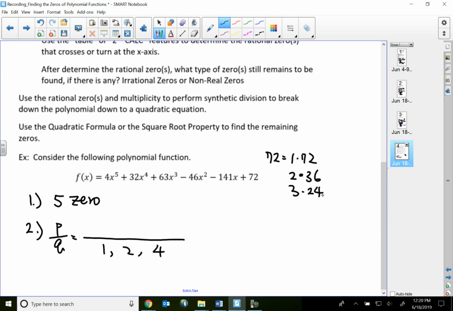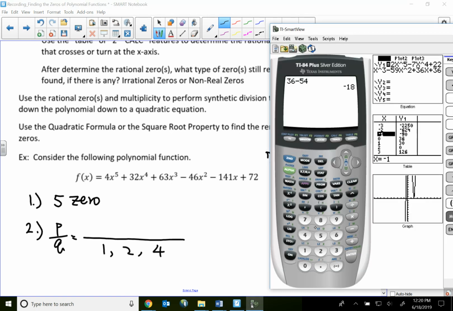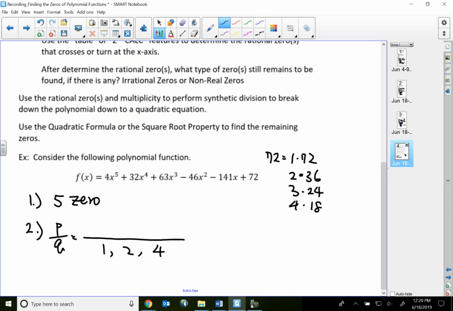All right, 3 times 4. 4 times 18. 72 divided by 4 is 18, yeah. 6 times 12. 8 times 9. Okay, and that's it. Oh, that's a lot of numbers here.